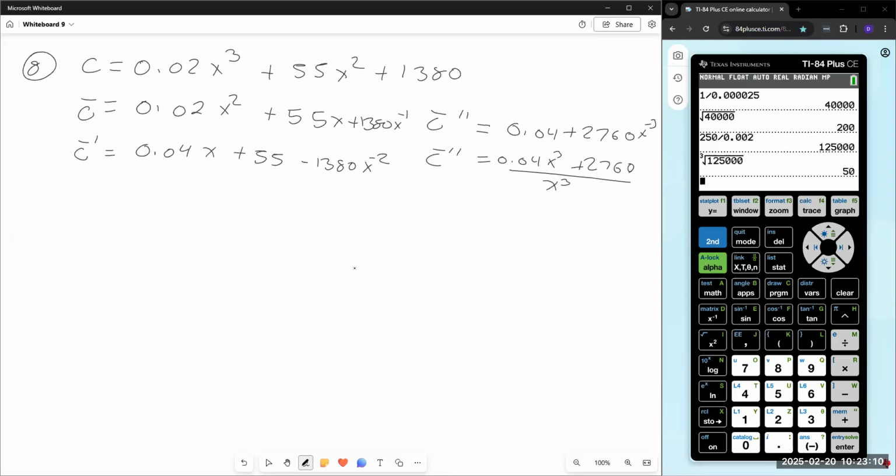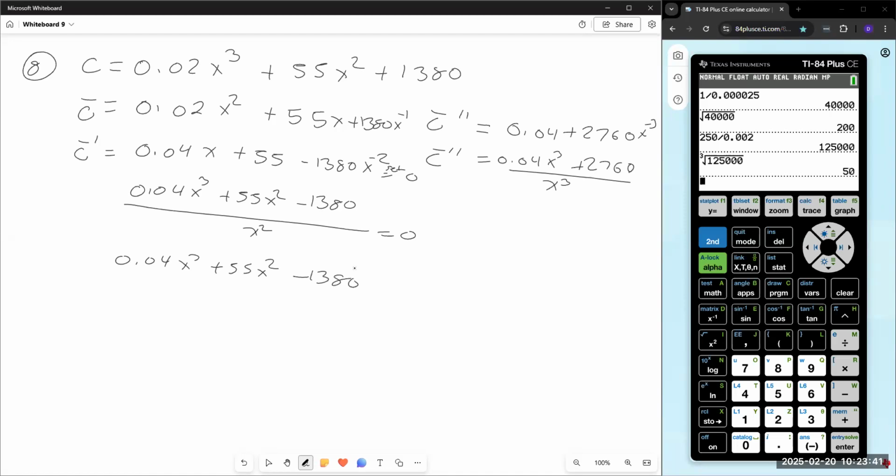So let's set this equal to 0, and let's multiply everything by x squared. So 0.04x to the third plus 55x squared minus 1380 over x squared is equal to 0, meaning that 0.04x to the third plus 55x squared minus 1380 is equal to 0.